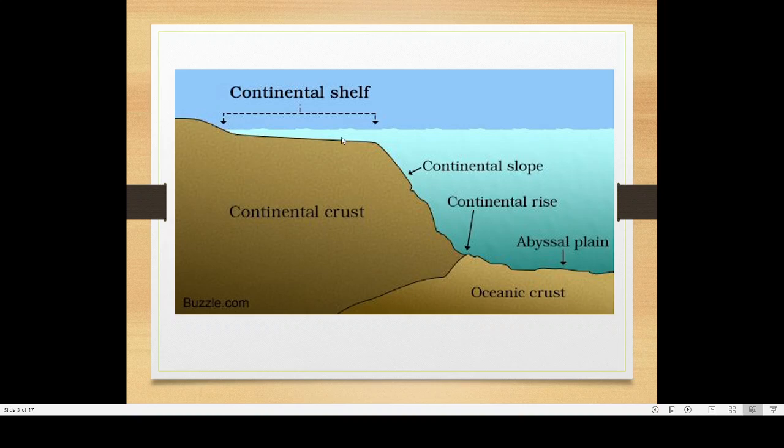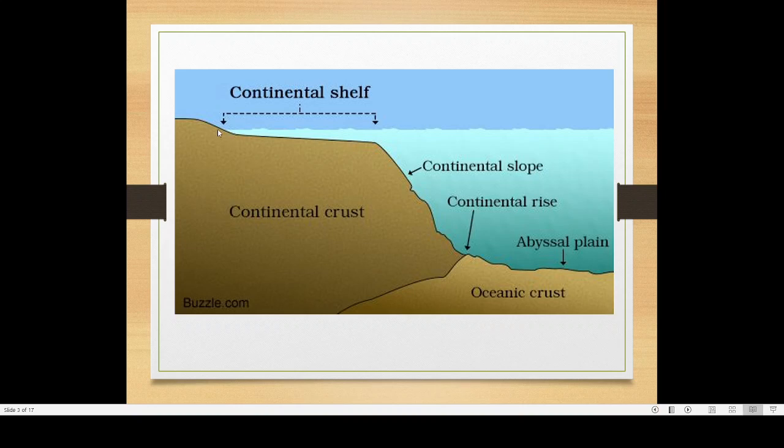For a distance of around 250 kilometers, the sloping is very slow or very gradual, and after that there is a sudden sloping. So up to this point we call it the continental shelf. For 200 or 250 kilometers from the seashore, we can find a very gradual sloping of the seabed.